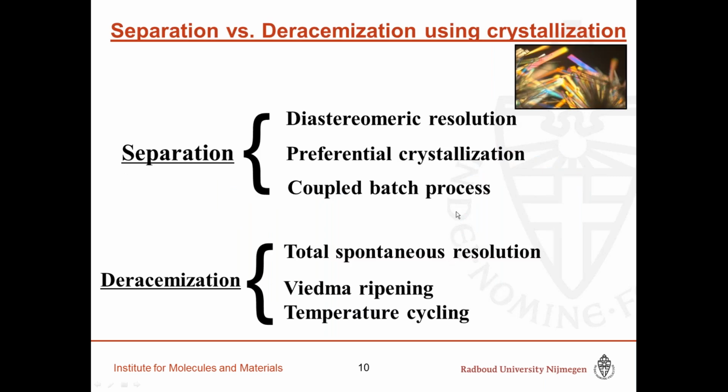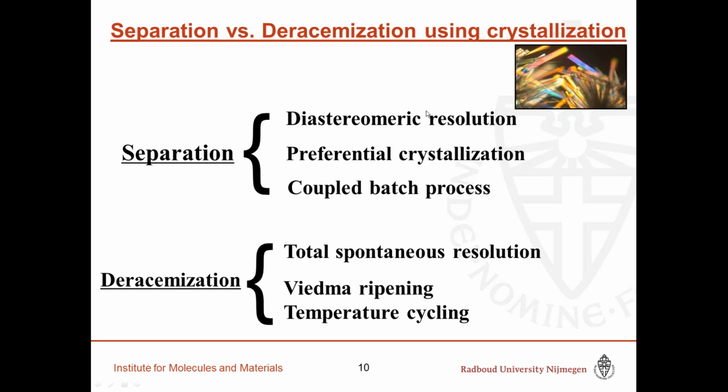So therefore, it is important to either separate chiral molecules, or, and that is the alternative, to deracemize them. Now, separation is a classical method, and for that, mostly crystallization is used. Of course, you can use asymmetric synthesis, but to come to 100% pure enantiomers is quite difficult in most cases.